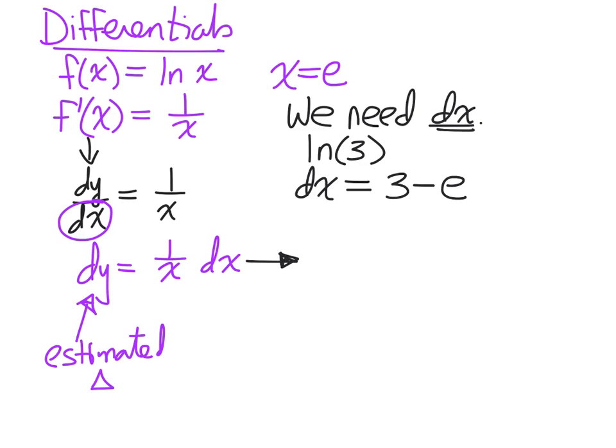So my answer is going to contain an expression involving e, and there's nothing wrong with that. So what I'm looking at here would be dy equals 1 over e times 3 minus e. In terms of brevity, this is probably the best. It happens the quickest. But you do sacrifice some accuracy.